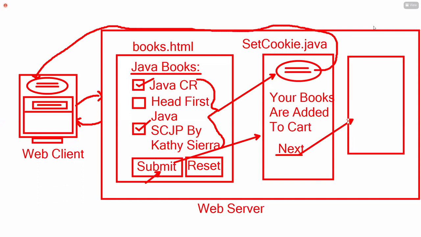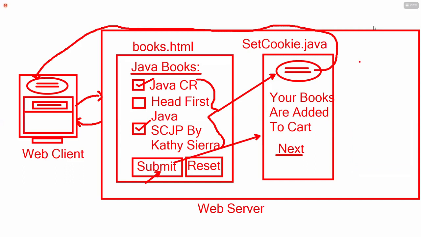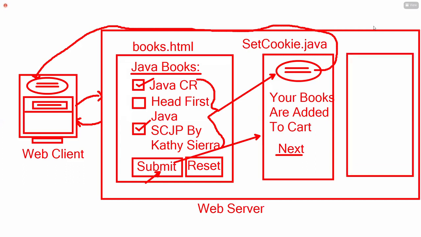Here, when you click next hyperlink, one more servlet executed. When you click next hyperlink, this servlet program executed. What this servlet program will do, whatever you selected, these all retrieved. So here, selected books.